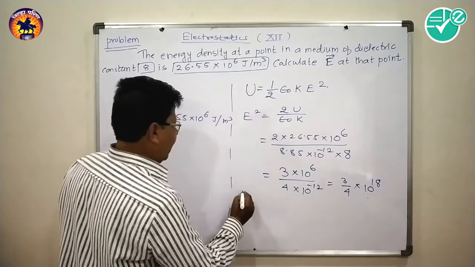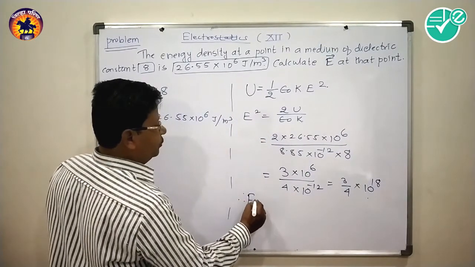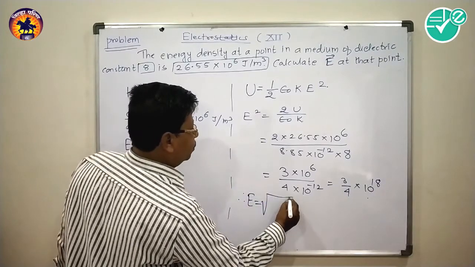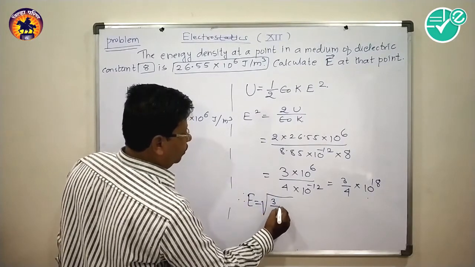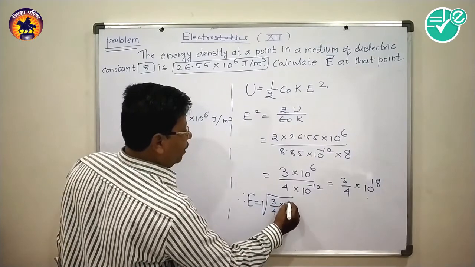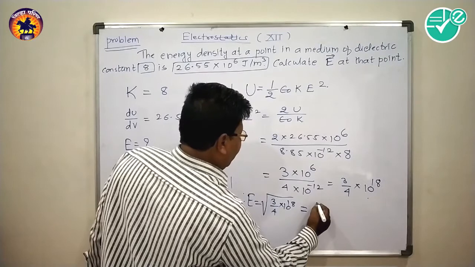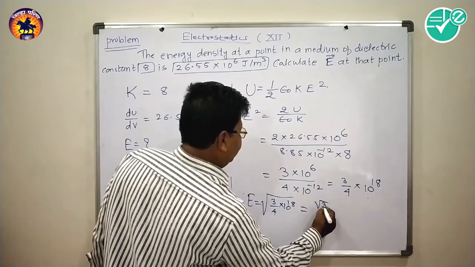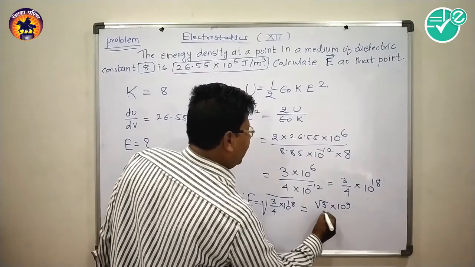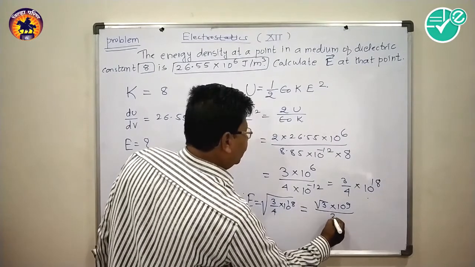And therefore E is equal to square root of 3 by 4 into 10 to the power 18, which is equal to square root of 3 into 10 to the power 9 divided by 2.